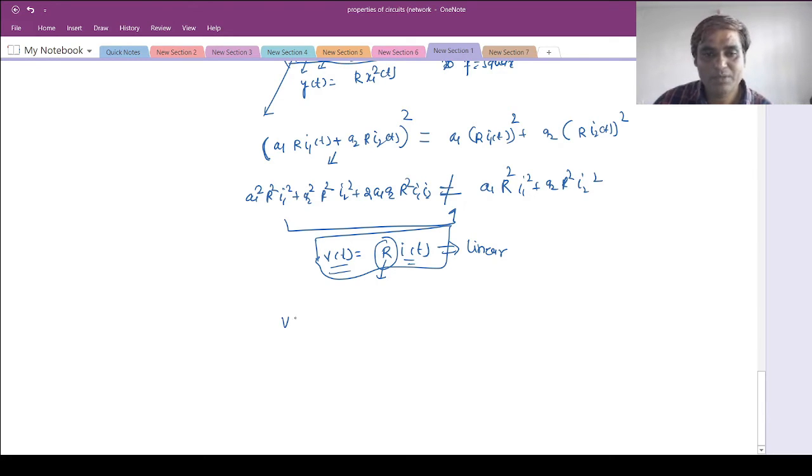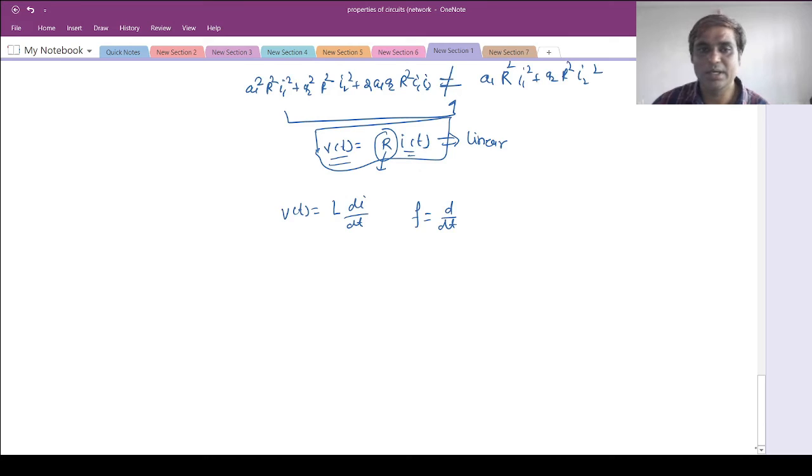Now again let me write the relation between voltage and current for the inductor. V will be equal to L di by dt. So what is F here? F will be d/dt. Now let us check the linearity here.